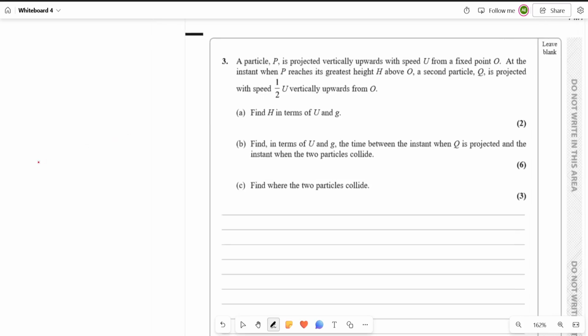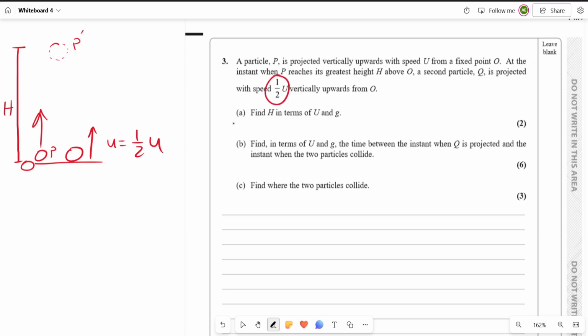So what happens is there is a point, let's say this is O. One particle is projected, this is particle P. When this particle P went up and reached its maximum height, which is h from O, another particle, Q, was projected at that instant with a speed of half u.